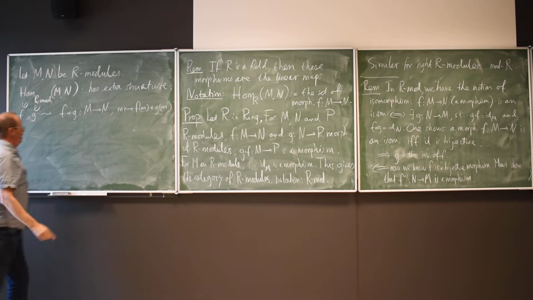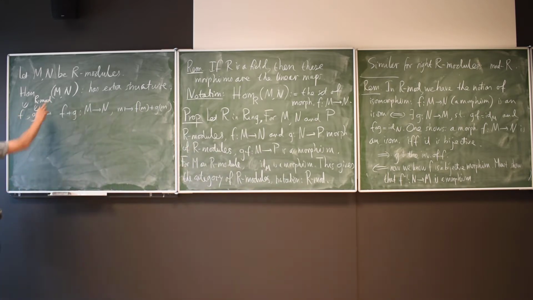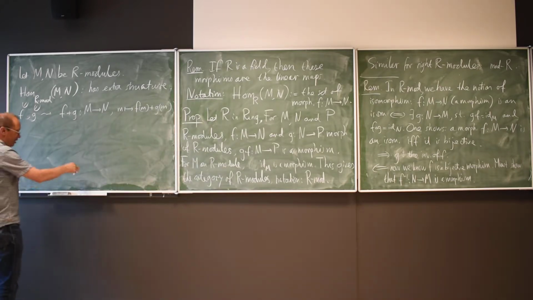This defines F plus G. The claim is if F and G are morphisms, then F plus G is also a morphism. It's unfortunate that I erased the conditions, but to do this, you check that F and G satisfy the two conditions, and F plus G also satisfies them. That is a lot to write down, so I leave it again to the spectator.